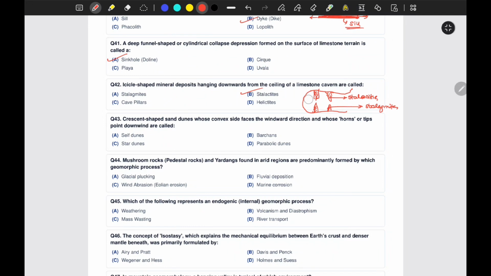See, how are these formed? In a limestone cave, there will be some water dripping, some water flowing. This water carries limestone and it drips and keeps on depositing layer by layer, and then this finally forms a stalagmite. In the same manner, it will deposit some here, and then it will form a stalactite. In the long term, sometimes both coalesce or join together and form something that is known as a pillar.